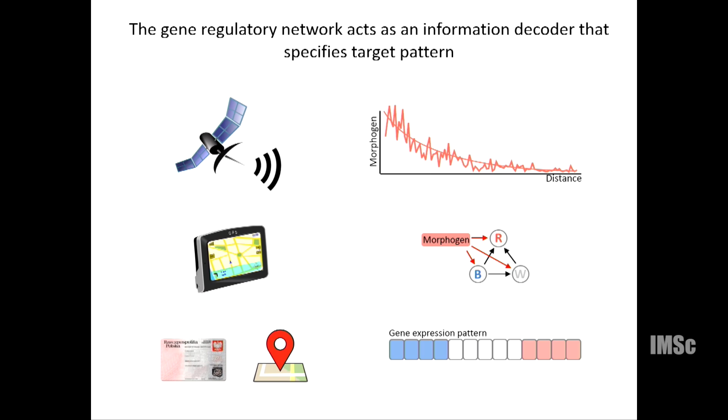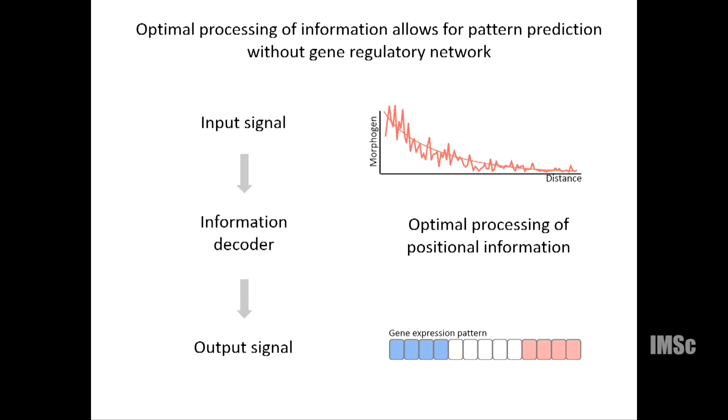And now let's imagine that we don't know the gene regulatory network, so we don't know the decoder, but we still would like to know how to get from the input to the output signal. And the idea is, let's assume that whatever is doing this decoding is doing it optimally, saying this information decoder tries to use all available useful information that is in the signal to get the output pattern.